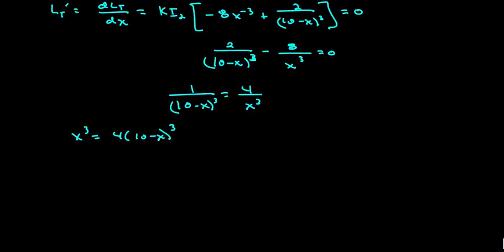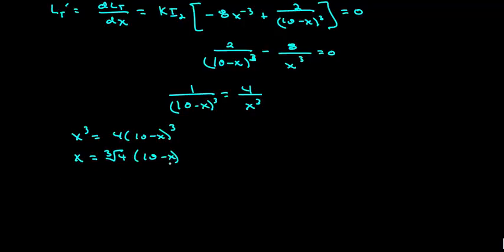And the reason I'm going to do that, well, one, it doesn't matter whether x is positive or negative to take the third root. Clearly x is not going to be negative, x is a positive value between 0 and 10. So this is just going to be x is equal to the third root of 4 times 10 minus x.